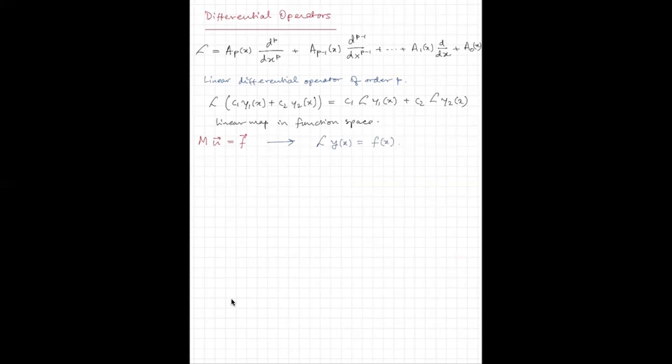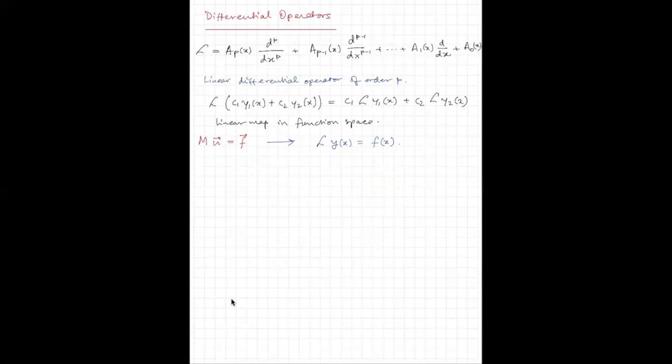For this, what we need to know are these a_i's, and we also need f(x). Once these are known, we need to find y(x) from there. Okay, so that's the rephrased problem.